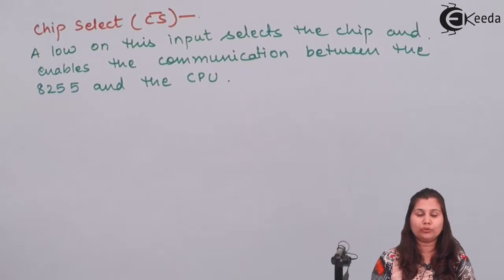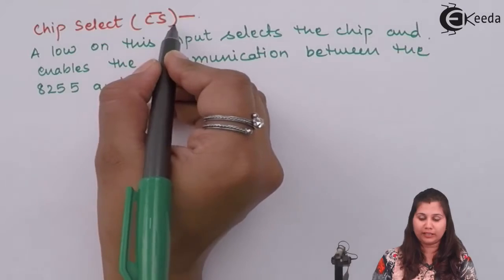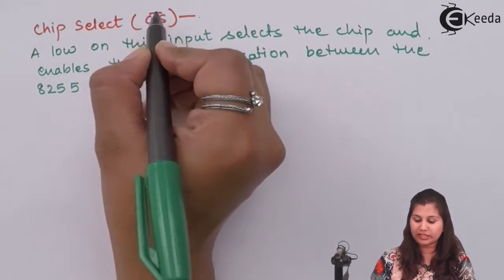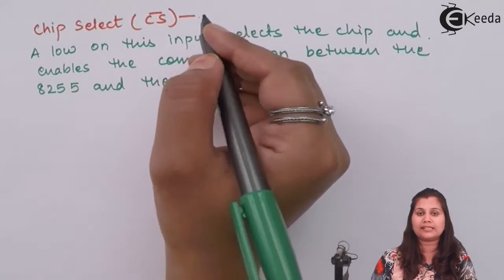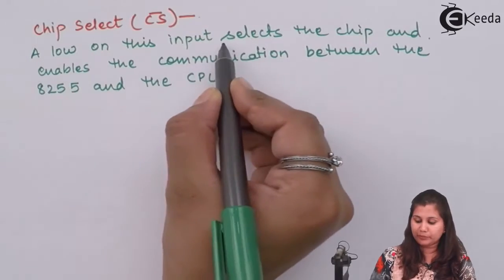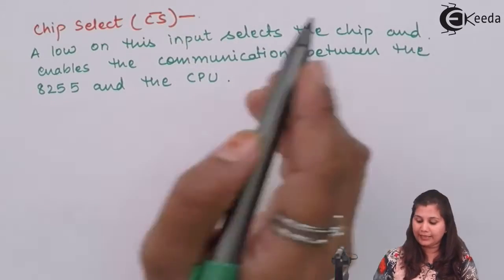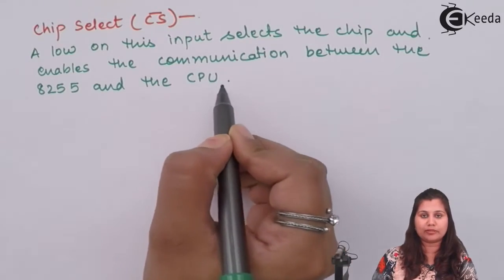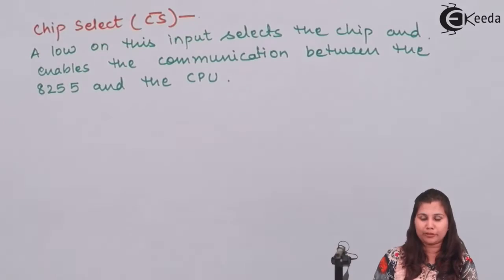It means if we want to use the 8255 programmable peripheral interface, then we have to select this chip, this IC, and this chip will be selected when this chip select pin is low, because we have a bar over CS. So it's an active low signal, meaning it is active when its value is 0. A low on this input will select the chip and enable the communication between the 8255 and the central processing unit of the microprocessor.